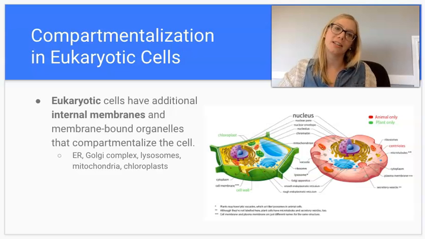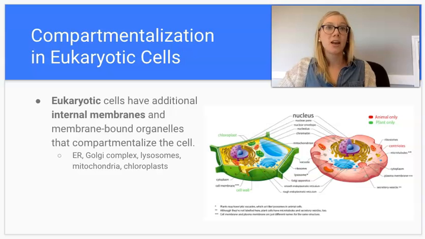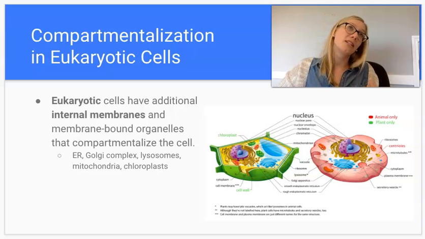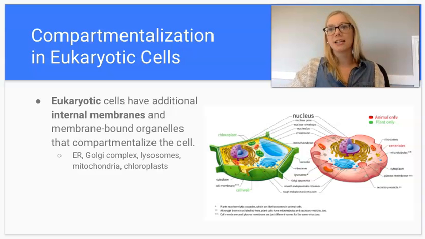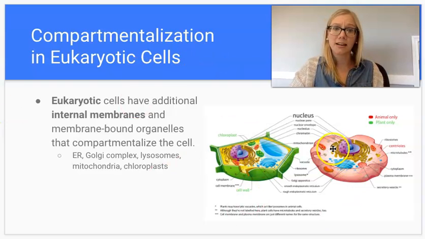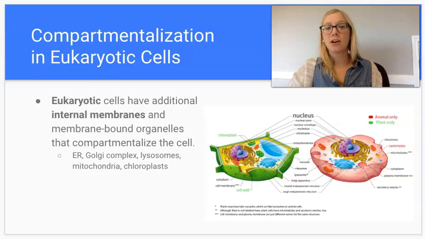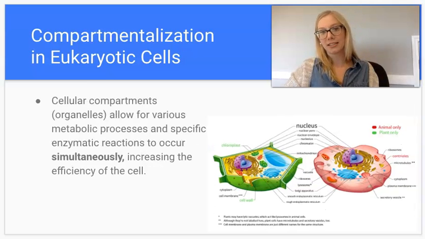So what are some of these internal organelles, the organelles that are inside of the membrane? We talk about rough and smooth ER, the Golgi complex, or Golgi apparatus, lysosomes, mitochondria, chloroplasts. All of these are examples of organelles that we see inside of our eukaryotic cells that have a specific job and get things done in the cell.